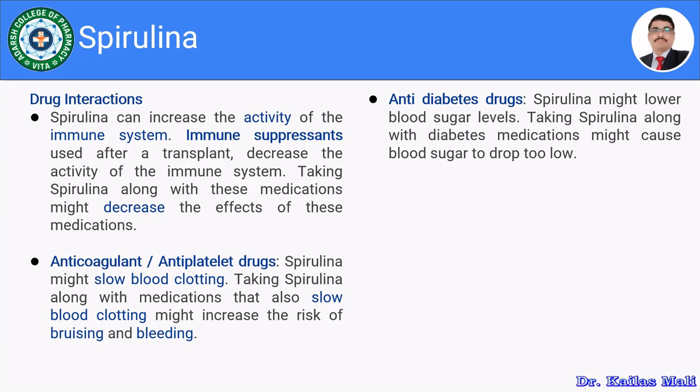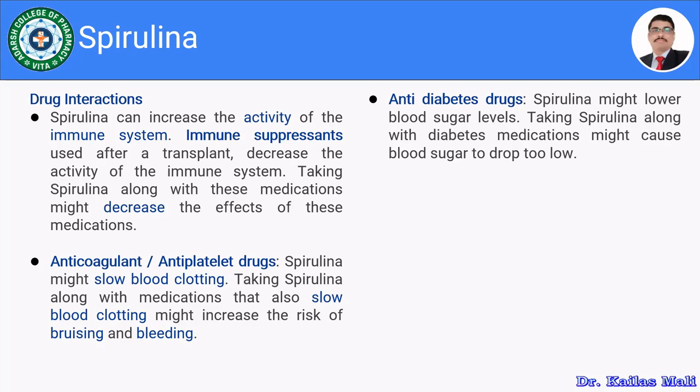As you know, many patients go through organ transplant, maybe kidney transplant, heart transplant, liver transplant. So if we want to reduce the chances of rejection of the organ, we are supposed to prescribe immunosuppressants. And spirulina is going to act as an immunobooster.